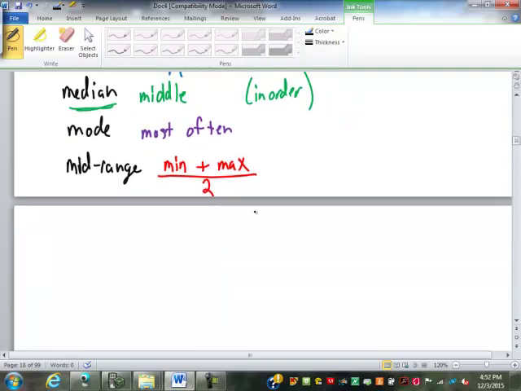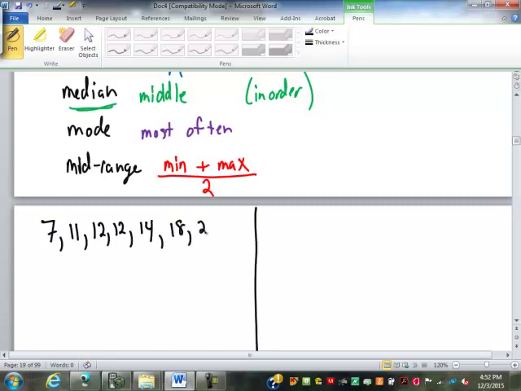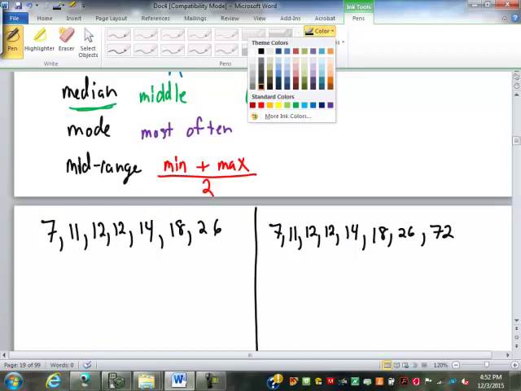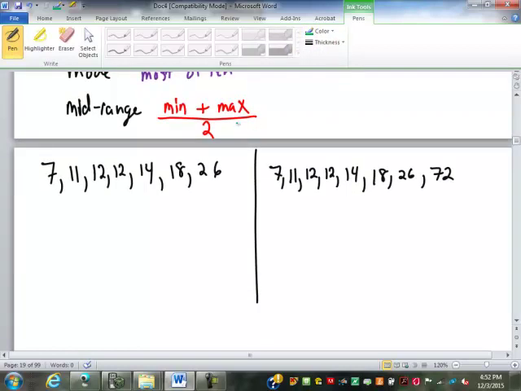So we're going to look at 2 sets of data. We'll do some calculating with them. First of all, if you look at my 2 sets of data, what looks peculiar about them?